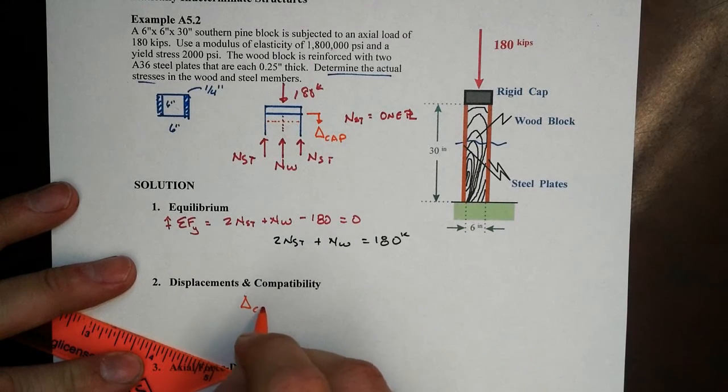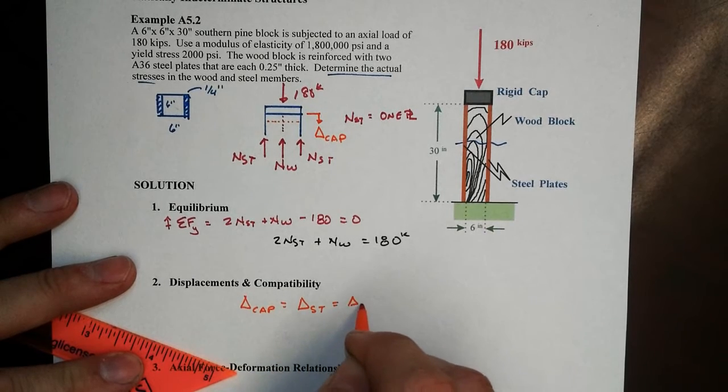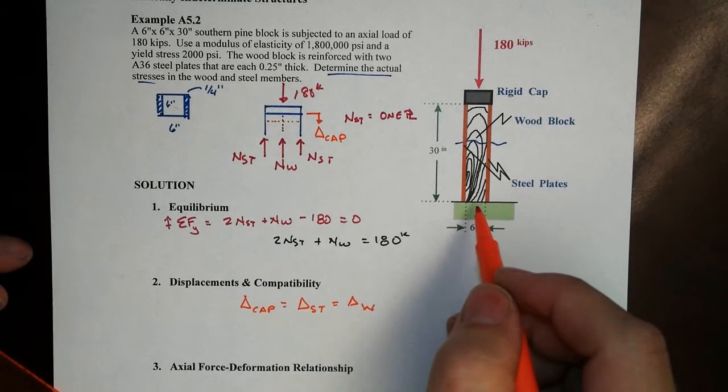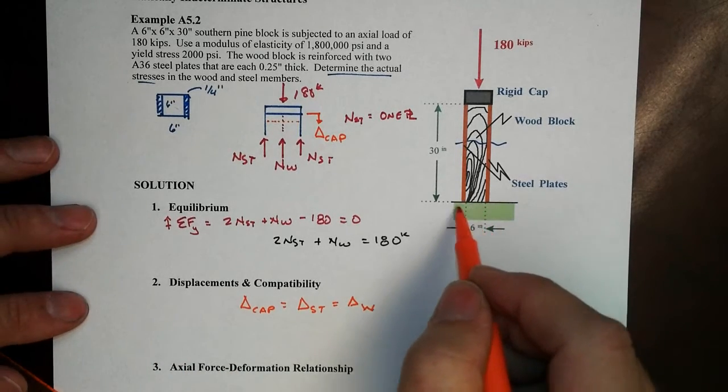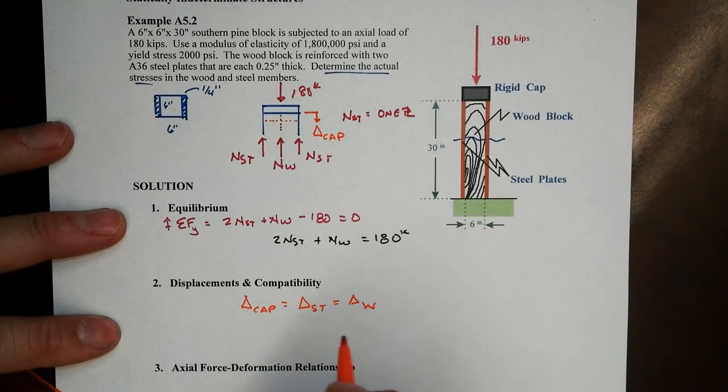So delta cap will equal delta steel will equal delta wood. That's just displacements. Now, since the far end of the post is not displacing, delta steel is going to equal the deformation in the steel, and delta wood will equal the deformation in the wood.